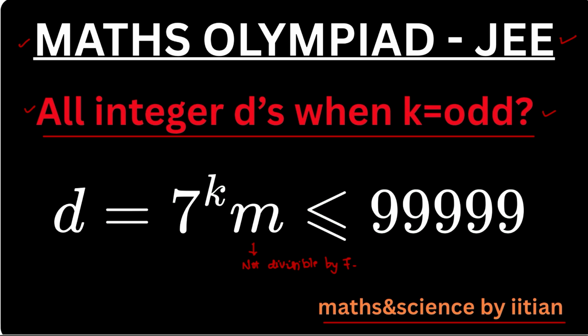At the same time, k is the power of the prime number 7, such that k is odd. We cannot take all the values of k.